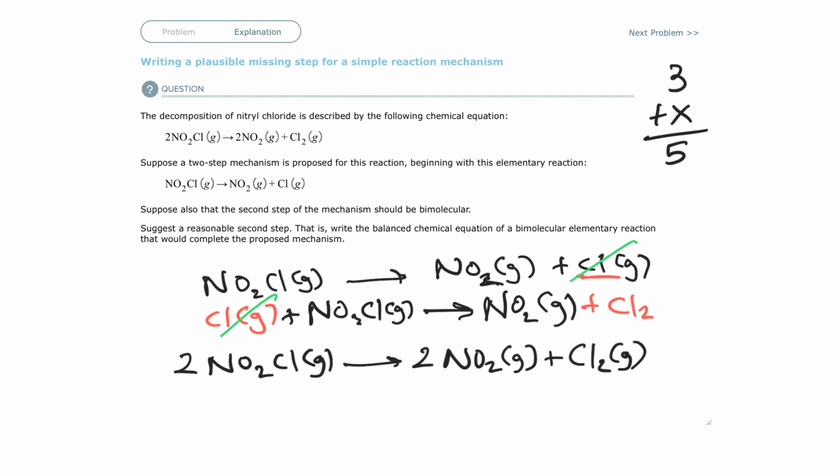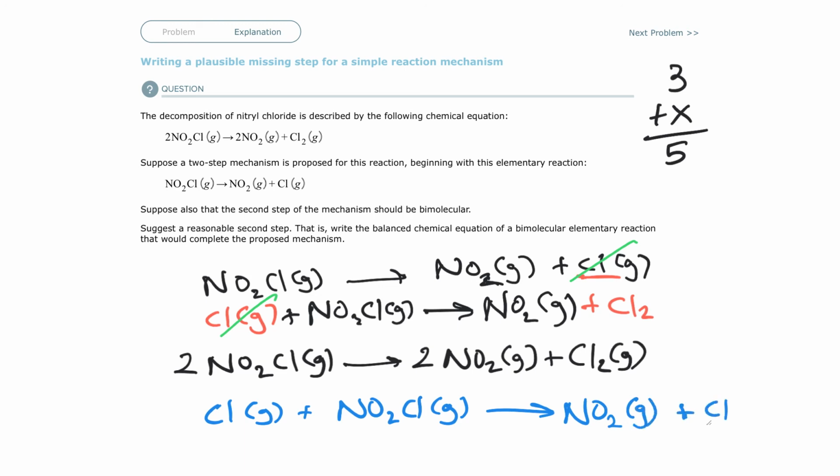So what is the final? This is what you would put in your answer. You would do Cl, which is a gas, plus NO2Cl, which is a gas, gives you NO2, which is a gas, plus Cl2, which is a gas.